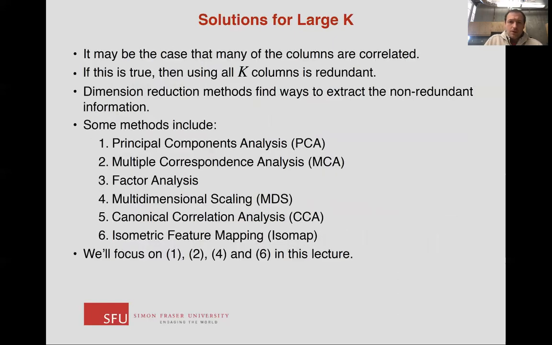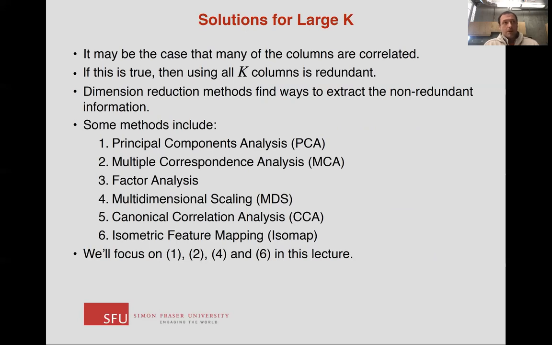So let's dive in and talk about some possible solutions for large k. So it might be the case in some of these data sets with a large number of features that many of the columns are correlated. If they're correlated, well, then we might think that they contain redundant information.